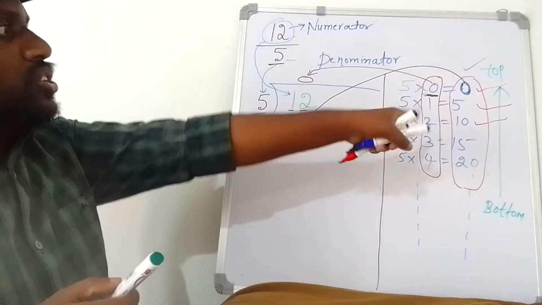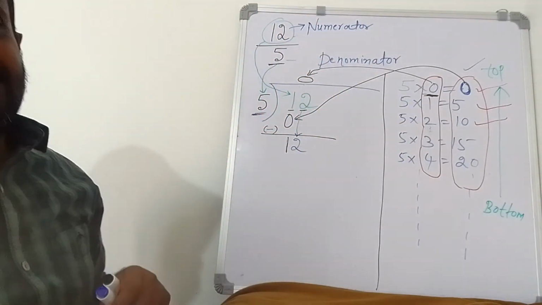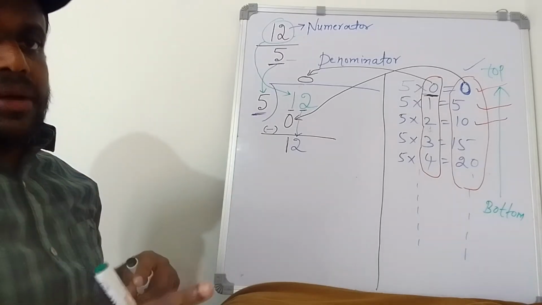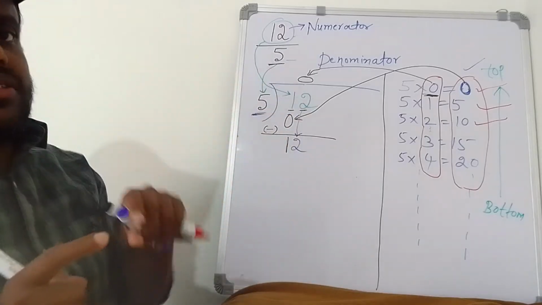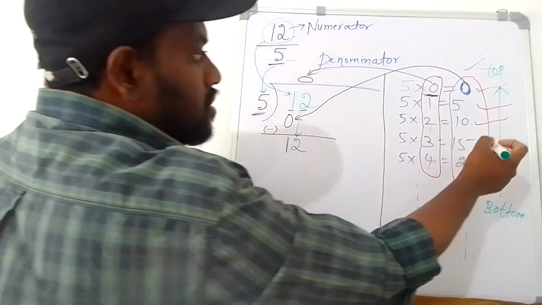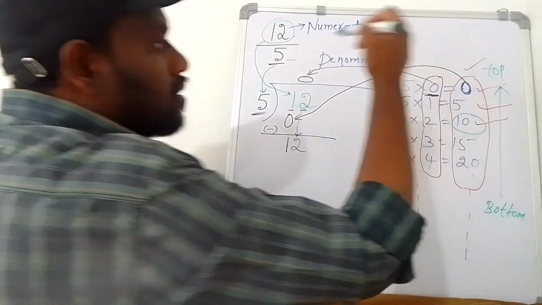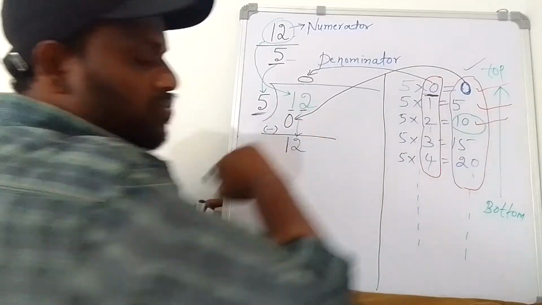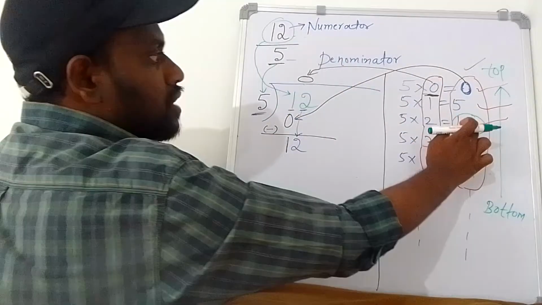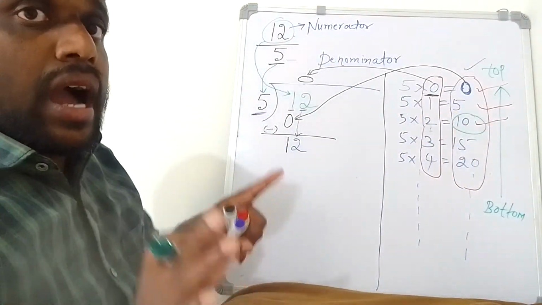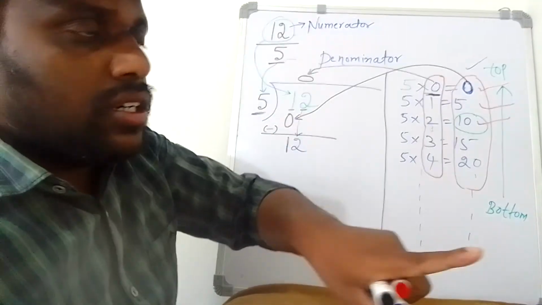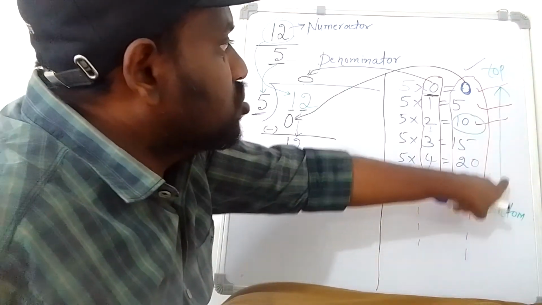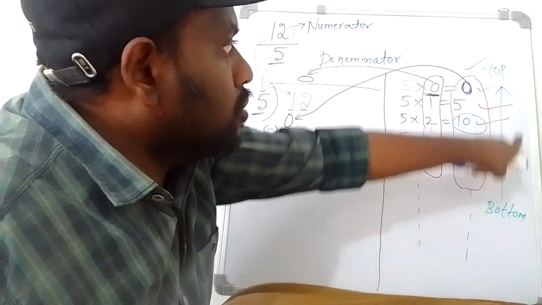So which digit do we have to consider here? The first number which is less than 12, that you have to consider. First number is this 10, not 0. Why? Because I told you to check the number which is less than this 12 in this direction, bottom to top.